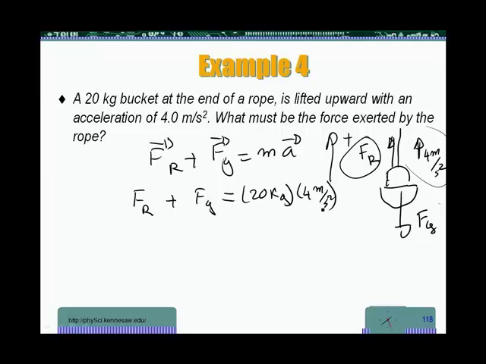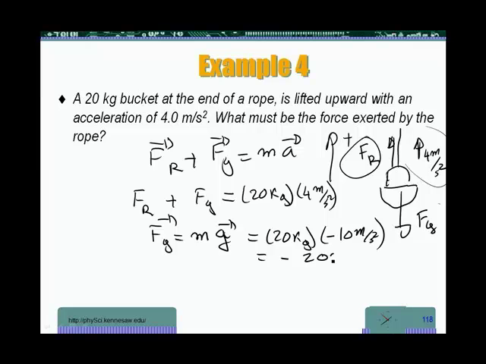So to find Fr, I need to find Fg. So what's Fg? That's easy. Fg is m times g. So in this case, that's going to be 20 kilograms times minus 10 meters per second squared. The direction, remember.